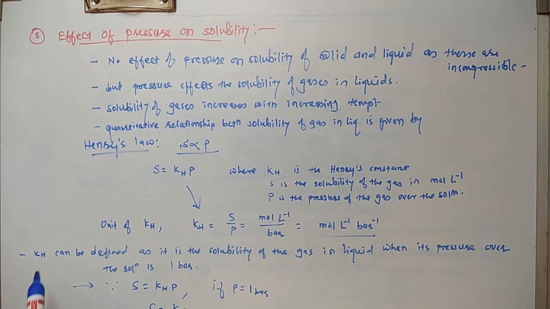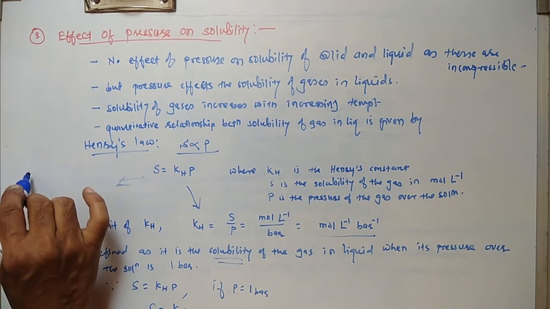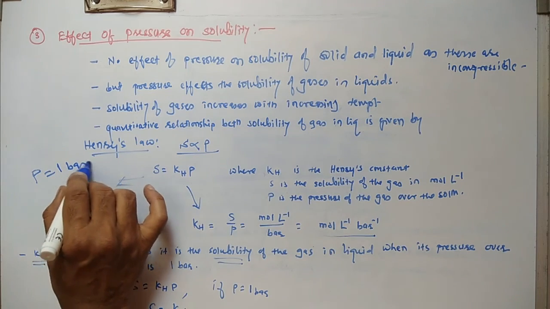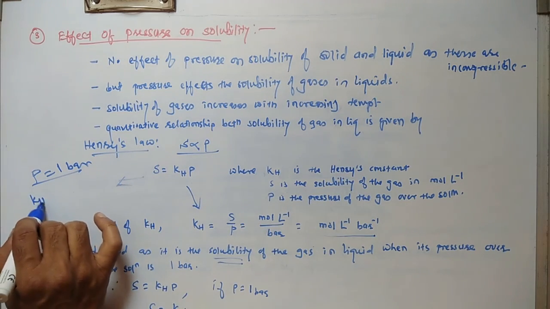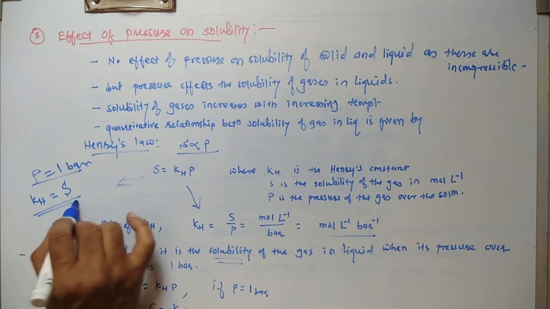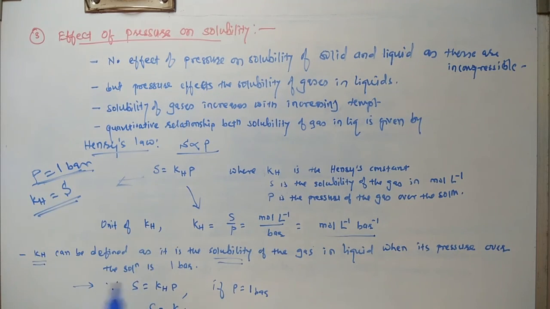See here, if from this equation you keep P equal to 1 bar, then Kh becomes simply equal to S. That means Henry's constant is nothing but the solubility of the gas in liquid when its pressure over the solution is 1 bar. This is about the effect of pressure on the solubility of gas in liquid and Henry's law.